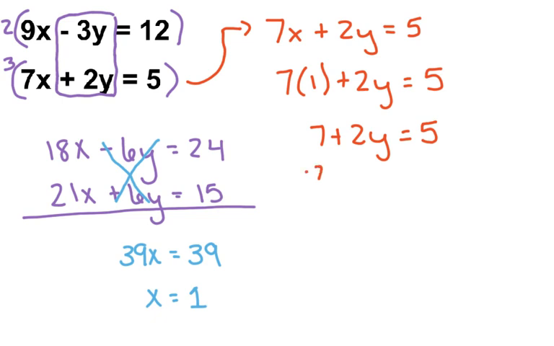Subtract 7 on both sides. Five minus 7 is negative 2. Negative 2 divided by 2 is a negative 1. So our coordinate here is 1 and negative 1.